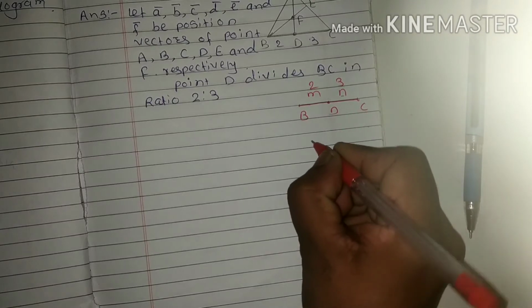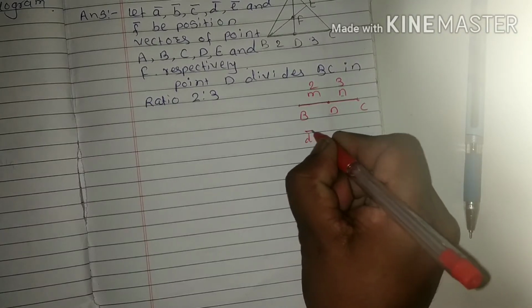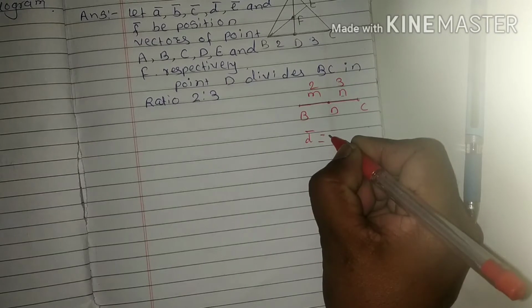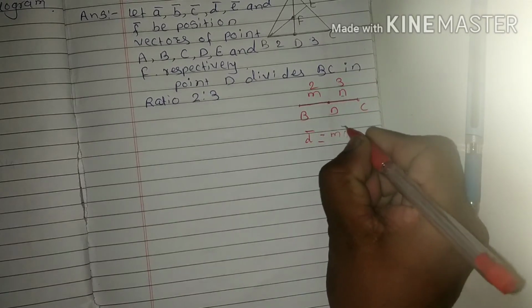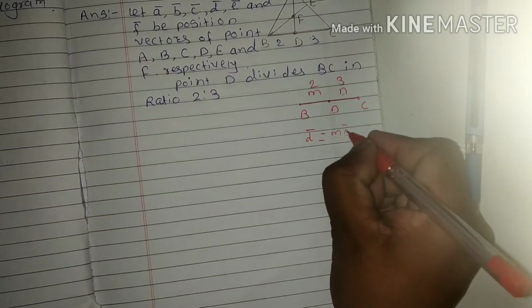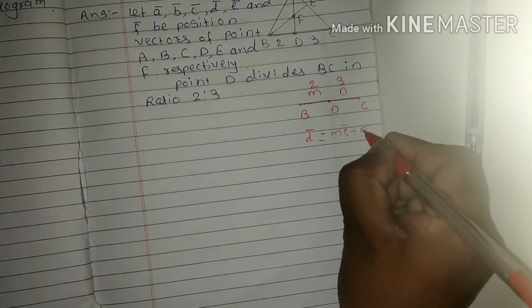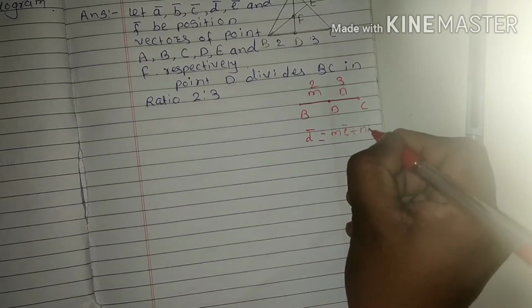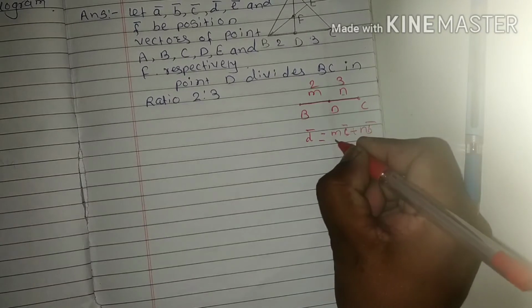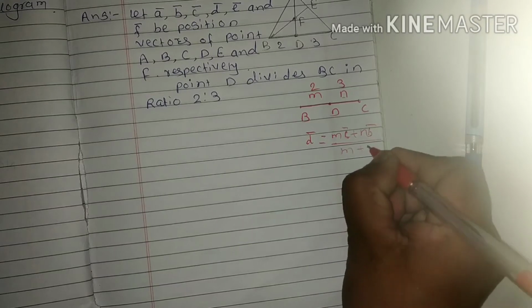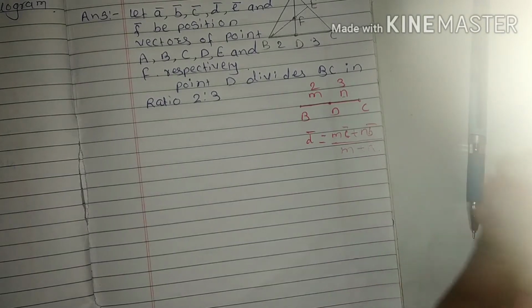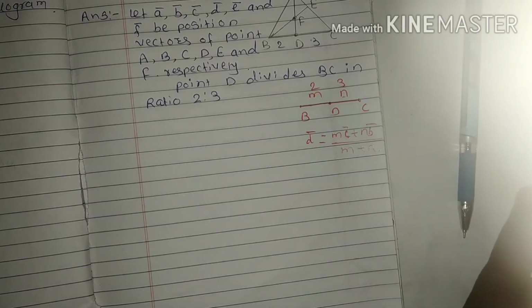Then the position vector d bar is equal to m into c bar plus n into b bar divided by m plus n. This is the position vector formula of internal division.